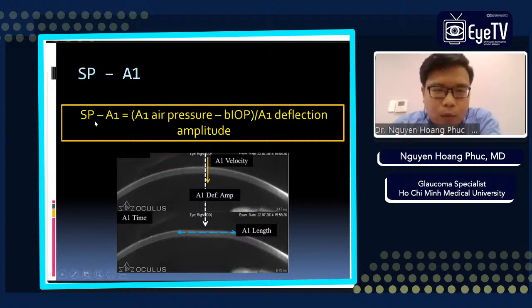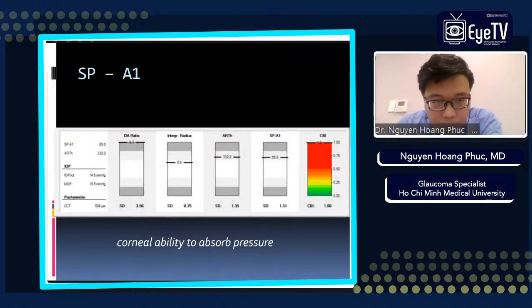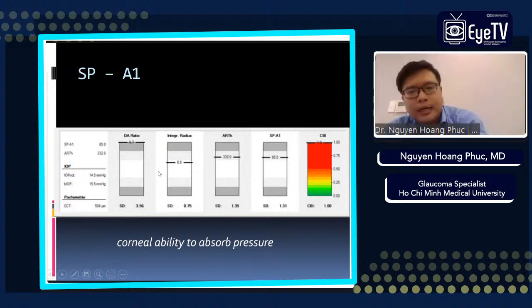So this SP-A1 is the stiffness of the cornea, like the stiffness of any material. So the SP-A1 shows the cornea's ability to absorb pressure. In clinical practice, the CorvisST shows the SP-A1 with other values like bIOP, CCT, DA ratio, etc. The black line is the result of the patient, and the gray area is the standard deviation.